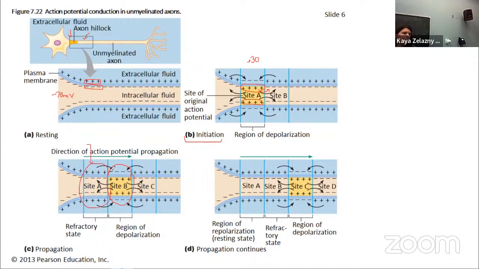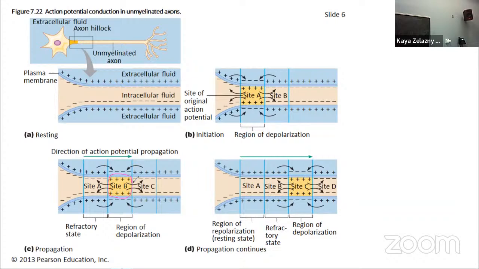And that is important to realize because as we think about site B and how it's triggering site C, you might notice something, right? Site B has its positive charges, our sodiums, inside as we have depolarization happening at this patch of membrane.